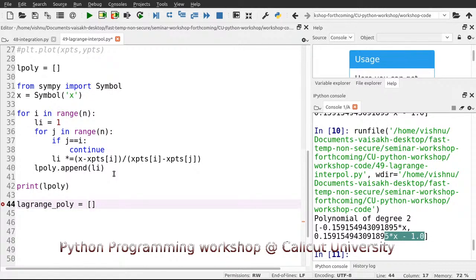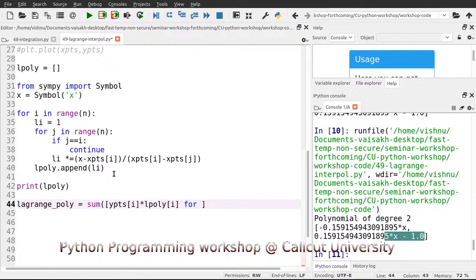So maybe we can take list comprehension. We just try sum of y value i times L poly i. So this is the product of that.